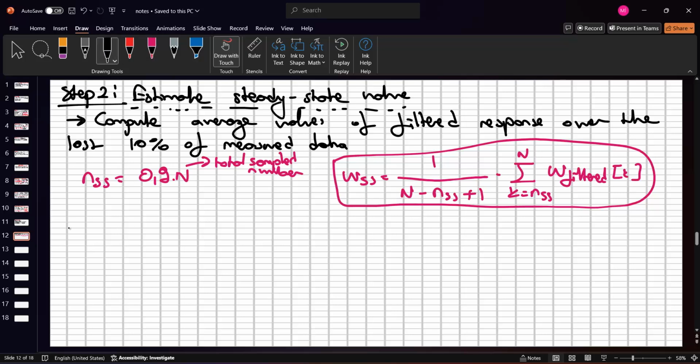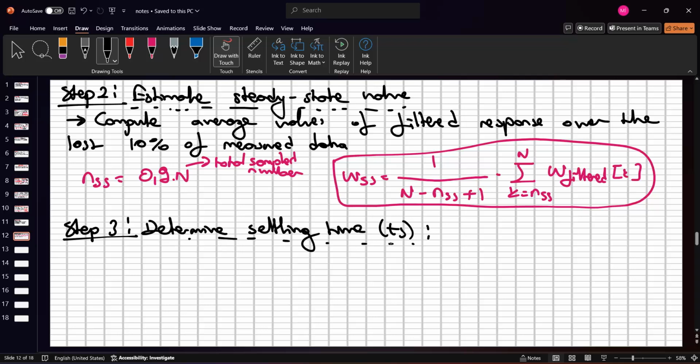Okay, after we find the steady state value, we also need to determine the settling time, ts.